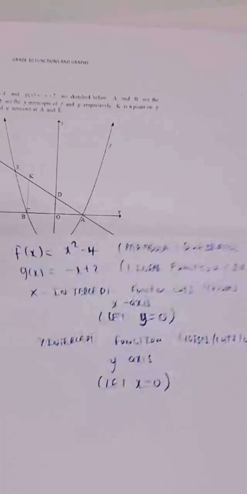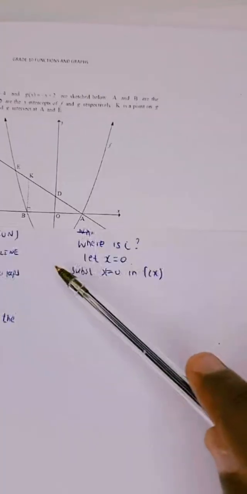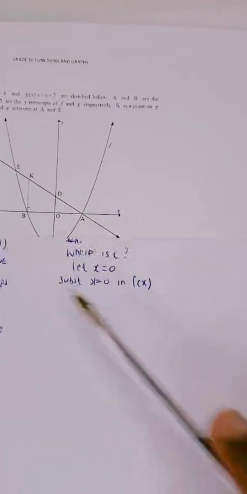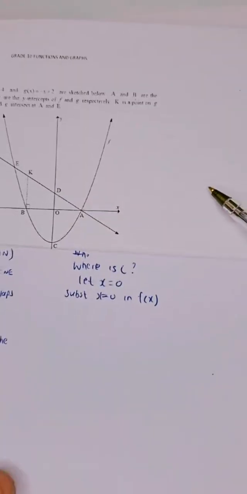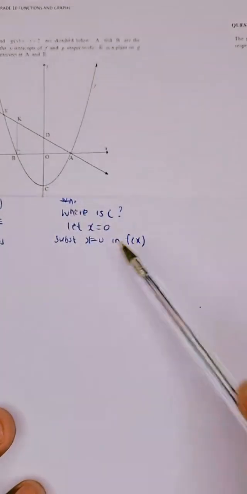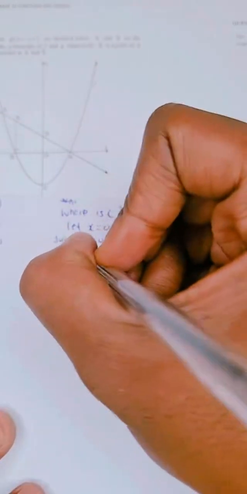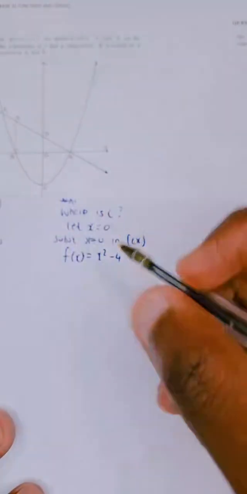So you let that x be equal to 0, guys, here. All right? And the function itself, f of x, is crossing or passing through the value of c. So here is the function, f of x is equal to x squared minus 4.